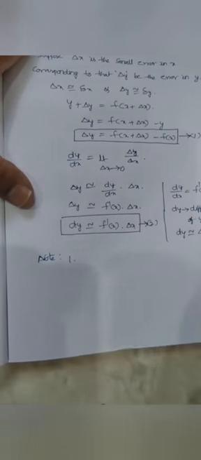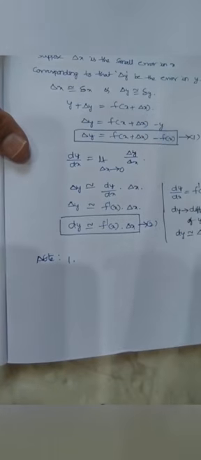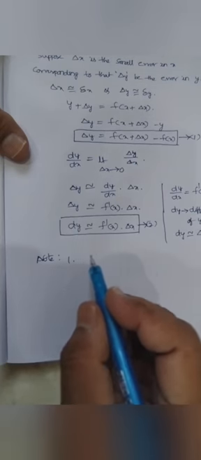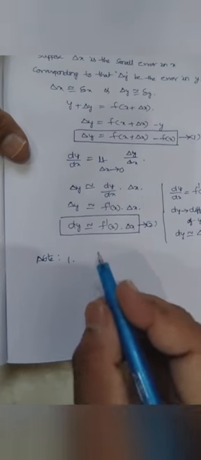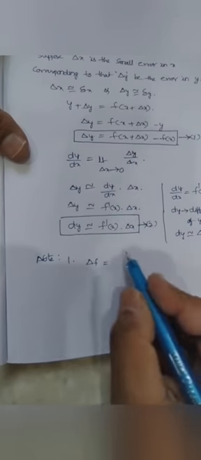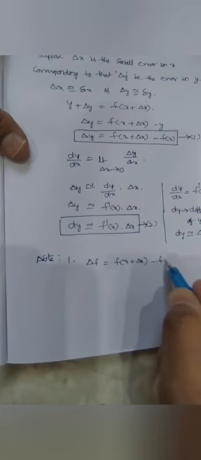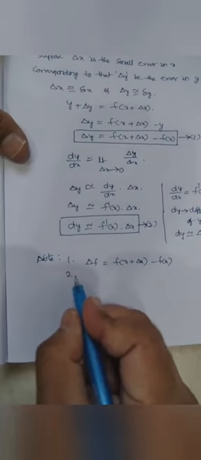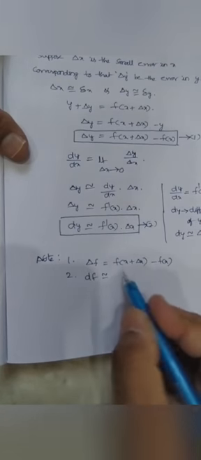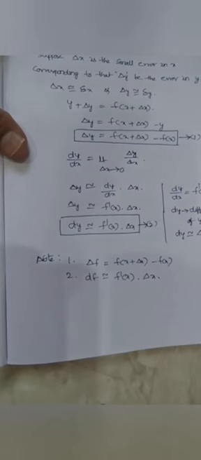Delta y, where y is f of x, can also be indicated as delta f. So delta f is equal to f of x plus delta x minus f of x, and the same value is also indicated as df in the second equation. It is approximately equivalent to f dash of x into delta x.